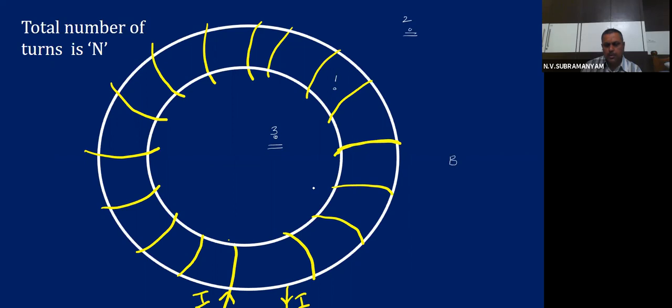Using Ampere's law, we can prove that for region 2 and region 3, the magnetic field will be 0. So how many regions will remain? Only one region will remain.